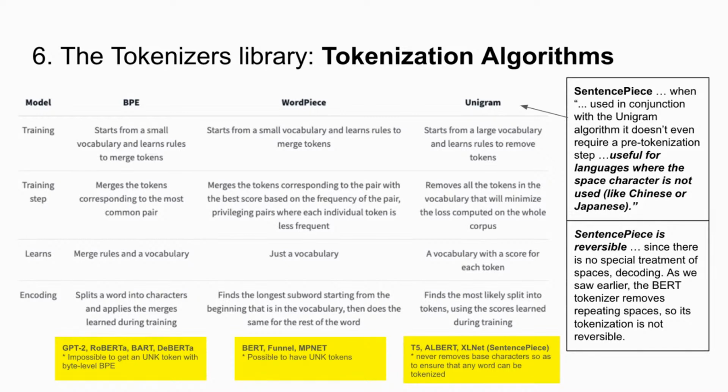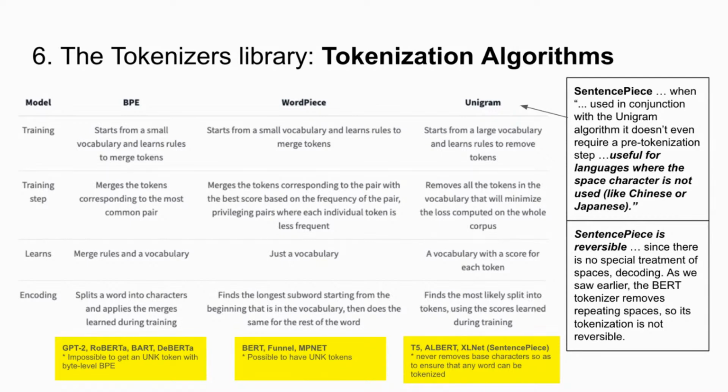The other nice thing with SentencePiece is that it is fully reversible, which means that you can tokenize your corpus, and then from that tokenized corpus, get back to your raw text one for one. This isn't necessarily true with all tokenizers. So like BERT, for example, will remove repeating spaces.